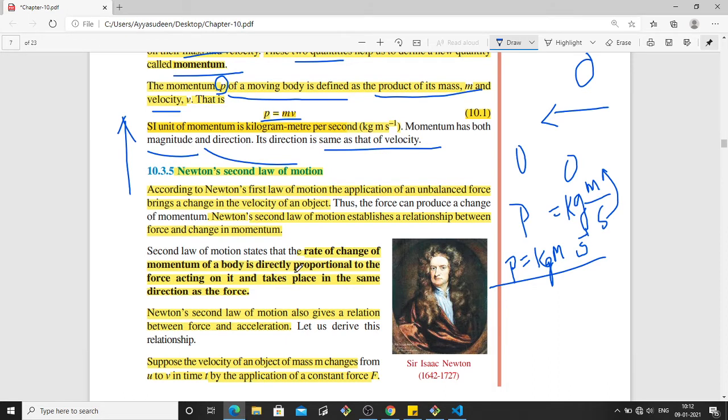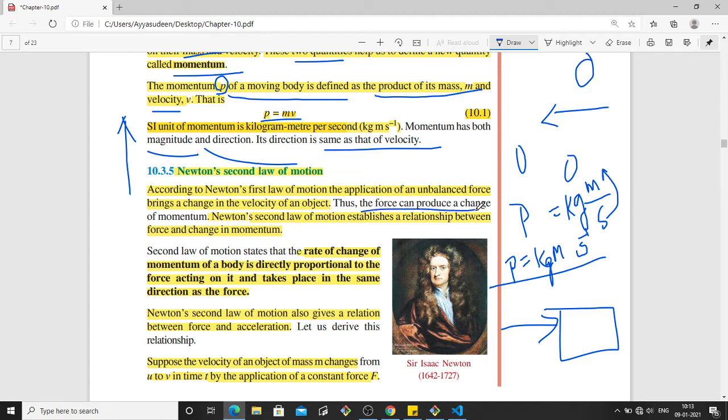The next is Newton's second law of motion. According to Newton's first law of motion, the application of an unbalanced force on an object brings a change in the velocity of the object.